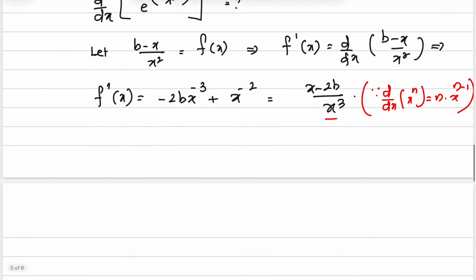Now, we have to find out the value for e to the power of (b minus x) by x square, which will be e to the power of f(x). Do you agree? Let us say that is g of x.